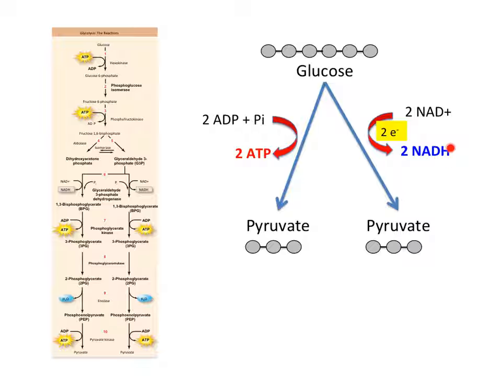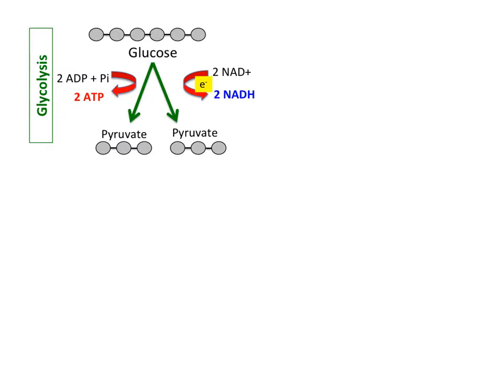NADH is the form carrying a pair of electrons, and those electrons were harvested from the glucose molecule. And the end product is pyruvate. So the glucose molecule is now split into 2 pyruvate molecules, and each pyruvate molecule has 3 carbons. So we have glycolysis, again, as summarized. That's the first step in cellular respiration.